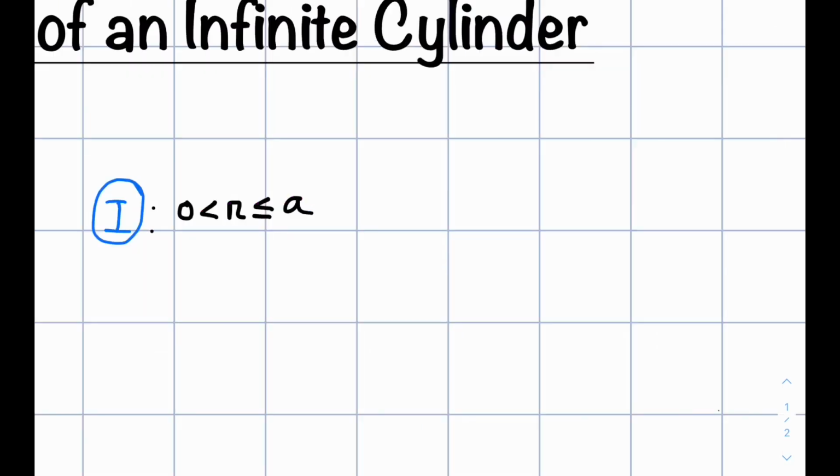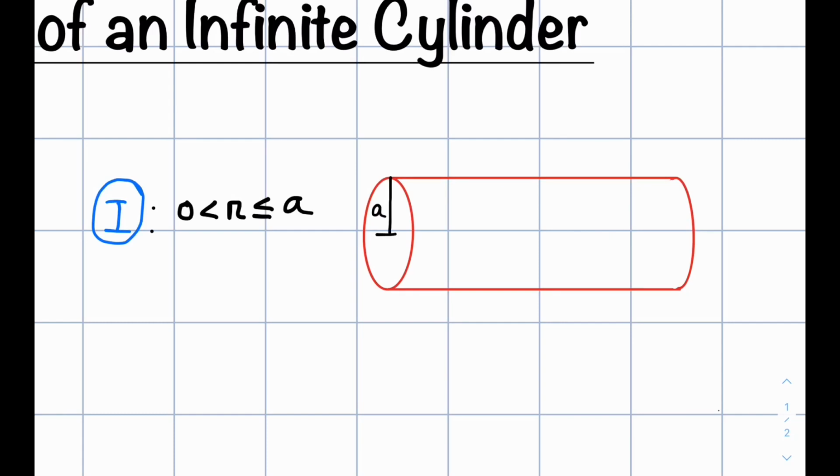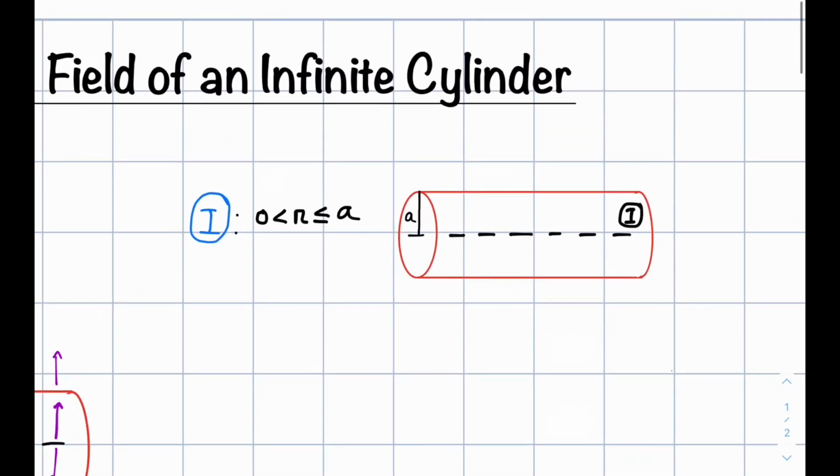Okay, so now let us first consider a situation where the point lies inside the cylinder. For convenience, let us draw the cylinder here once again. So here's the radius a. This is the axis of the cylinder. And we are considering the segment inside the cylinder, which we denote by 1.